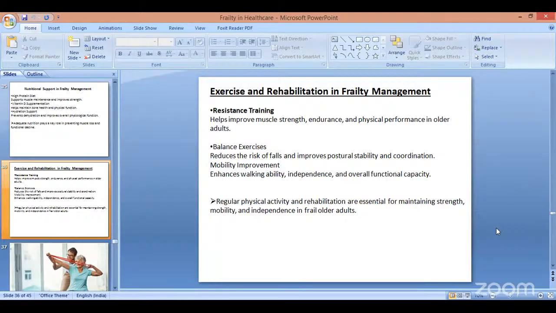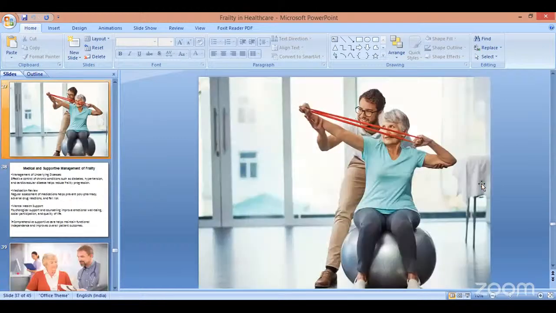Mobility improvement enhances walking ability, independence, and overall functional capacity. Regular physical activity and rehabilitation are essential for maintaining strength, mobility, and independence in frail older adults. Here, a woman is shown in a beautiful picture doing a strengthening exercise.